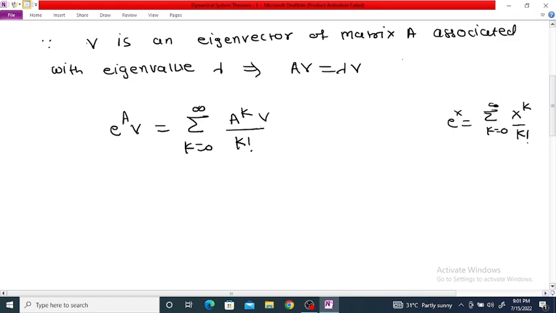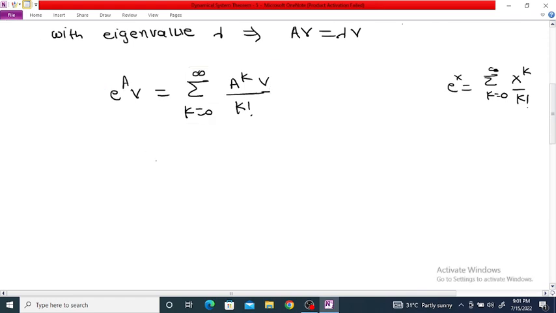But now, A raised to k v is equal to lambda raised to k v, from the previous theorem.